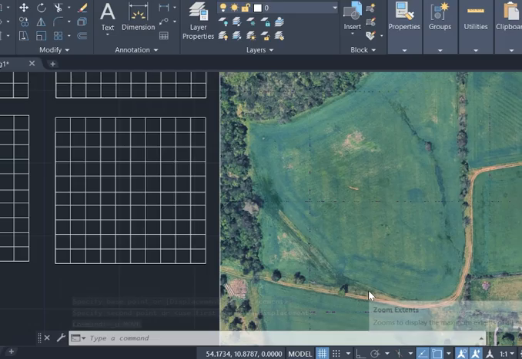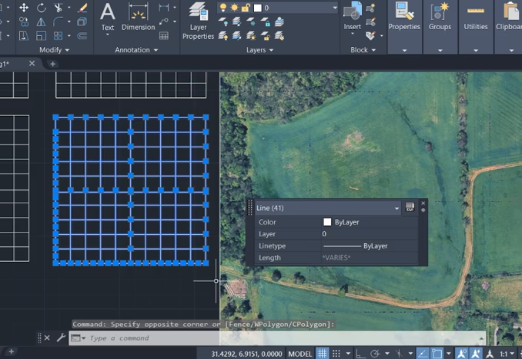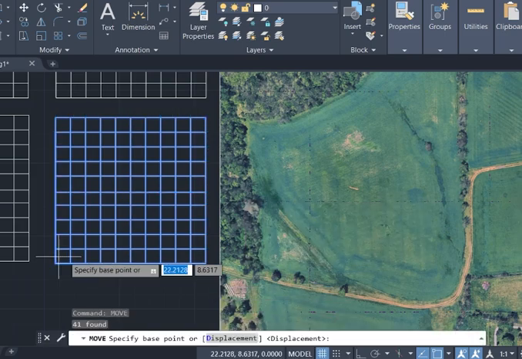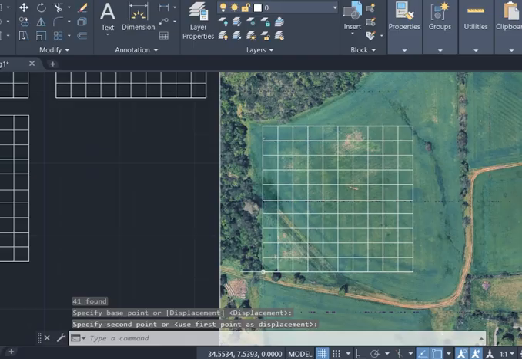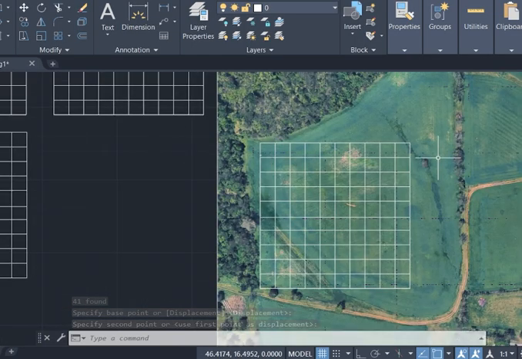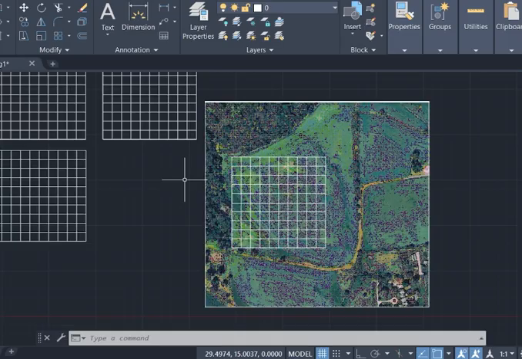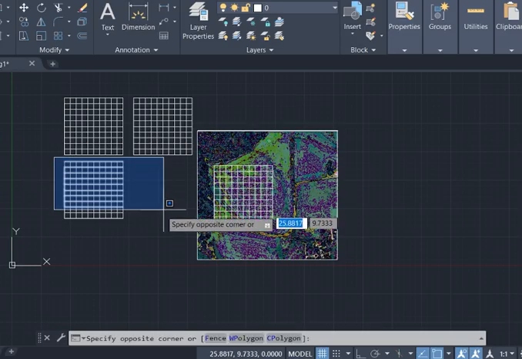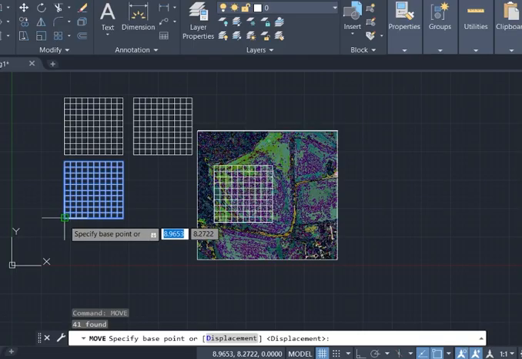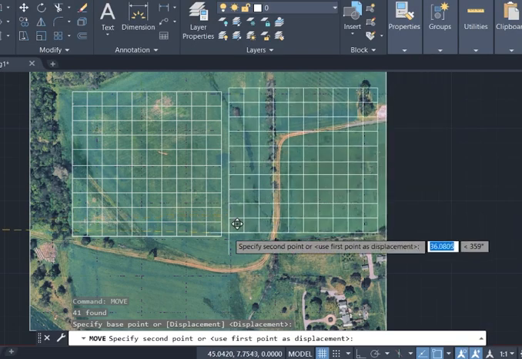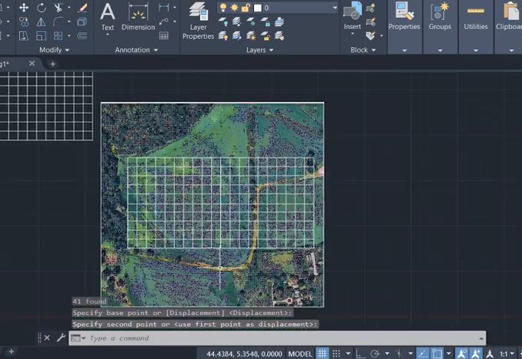So looking at it from more of a perspective, we determined that our origin was going to be right here. But as you can see, there is still more land here. And so we would need to find the grid for this whole plot. So let's create one right here where we continue it.